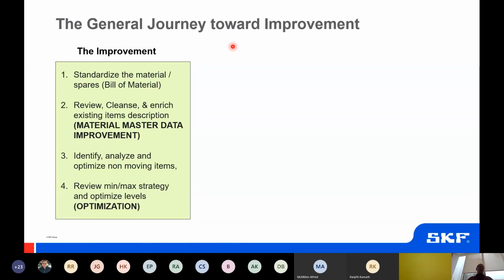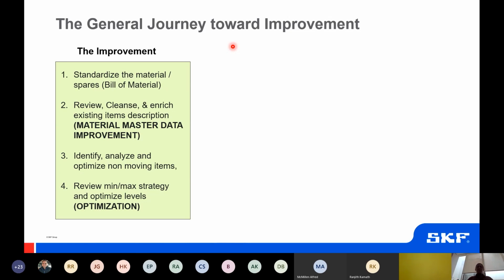Second, after you define the material in a standard way, or you have the bill of material, you may think about reviewing it and then cleansing and enriching the item description. We are going to talk more on this area, material master data improvement. Then you may also think about identifying, analyzing and optimizing the non-moving items. This is also a quick thing.